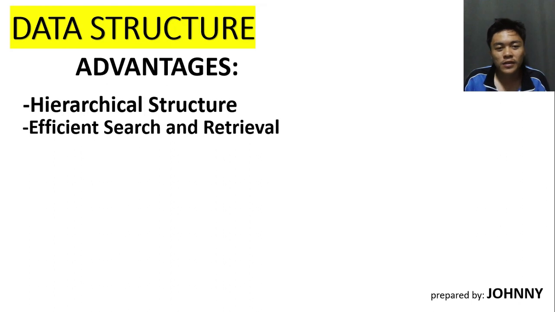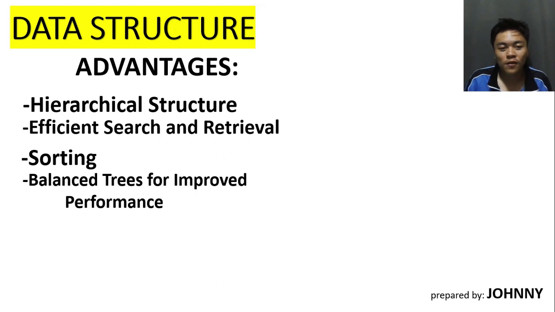Another is sorting. Okay. The binary search trees can be easily used for sorting data in order. The in-order traversal of a binary search tree yields elements in sorted order, providing a convenient way to maintain a sorted collection. Another is balanced trees for improved performance.